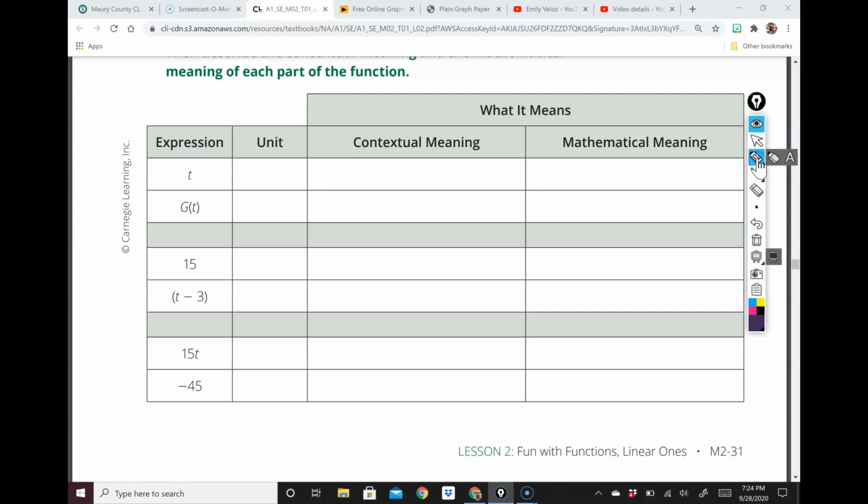t represents the t-shirts. The contextual meaning is the number of t-shirts sold.